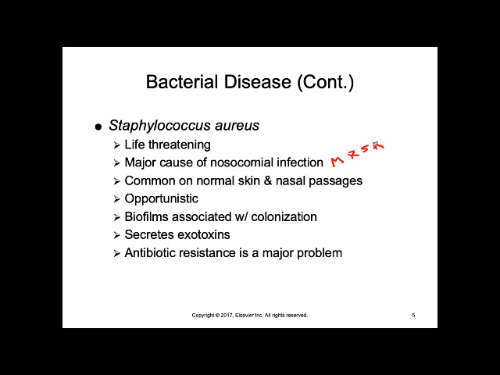Now, the other thing to understand about bacterial diseases and bacterial virulence factors is that bacteria can pick up genetic material in a variety of ways, right? They can do it through conjugation. They can do it through transduction.